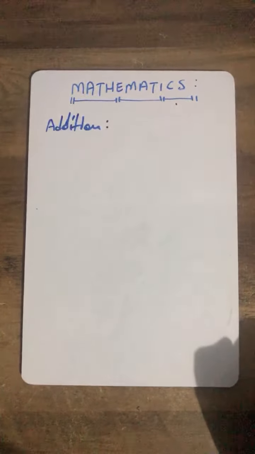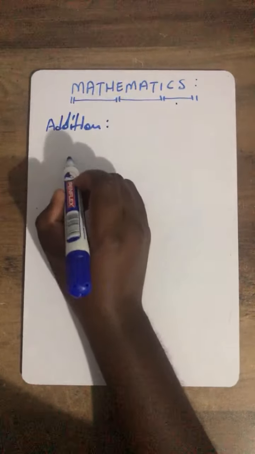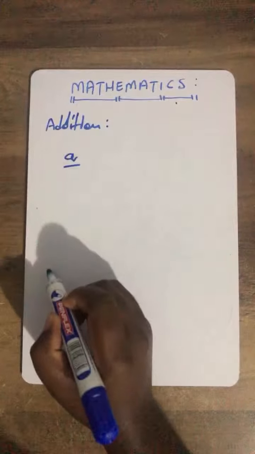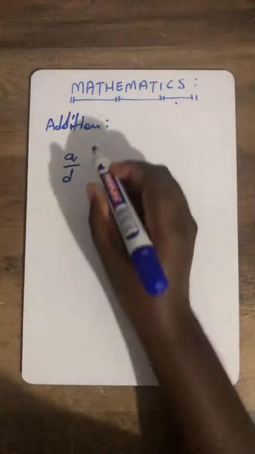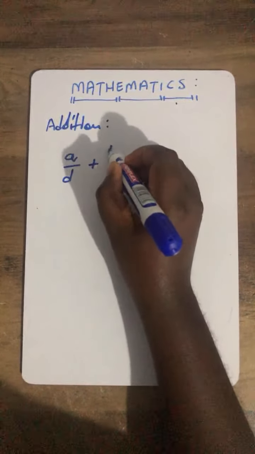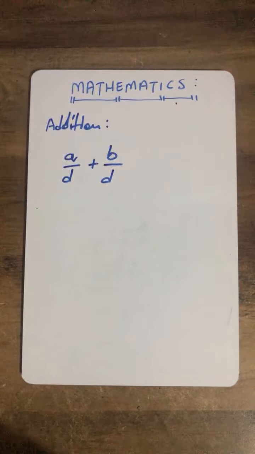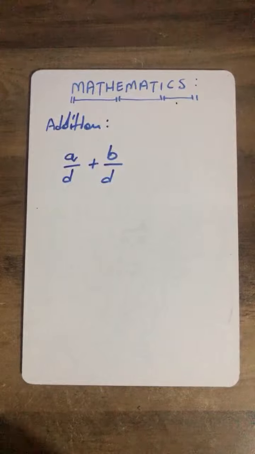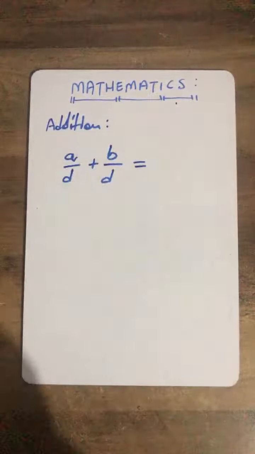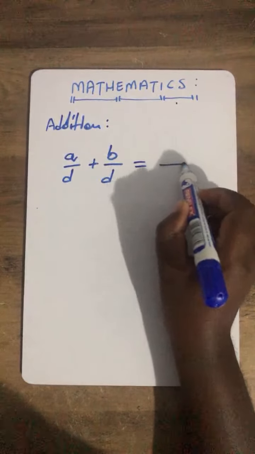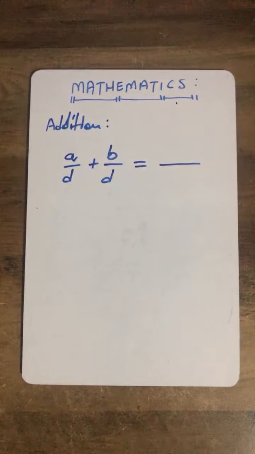So let's look at what happens when you add fractions. Let us say you have A over D that you are adding to, let's say, B over D. Generally, honorable members, what is your lowest common denominator there?